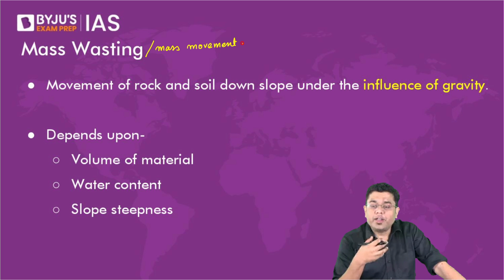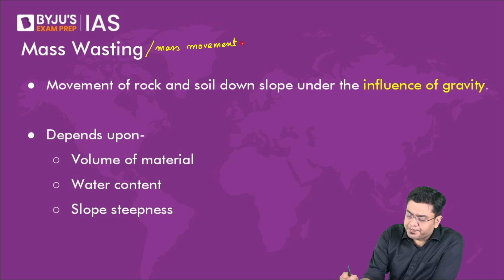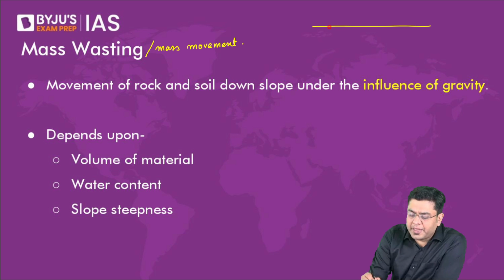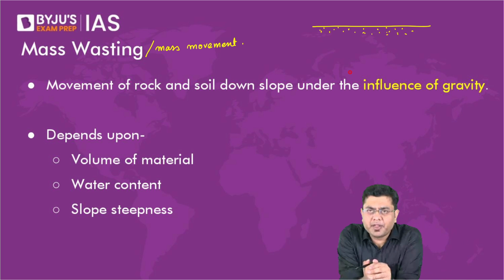So that is what is referred to as mass movement or mass wasting. Suppose in any particular region there is a lot of loose soil without any plants. Now, if we have a plain surface, will that region ever experience significant movement? No, there won't be a significant amount of movement.